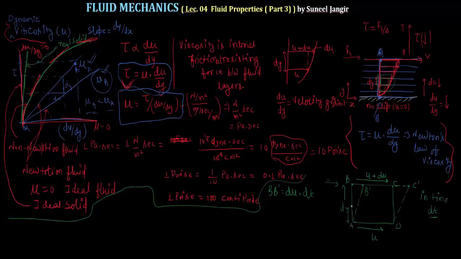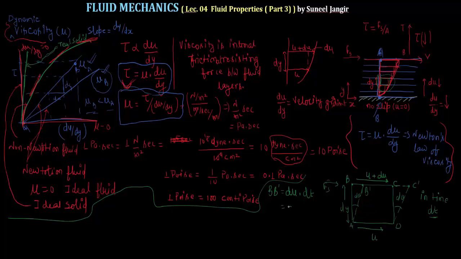Similarly, due to this force, the shape change, the deformation, is d theta. We can assume BB dash is an arc. For an arc, the arc length equals radius, that is dy, into angle, that is d theta.